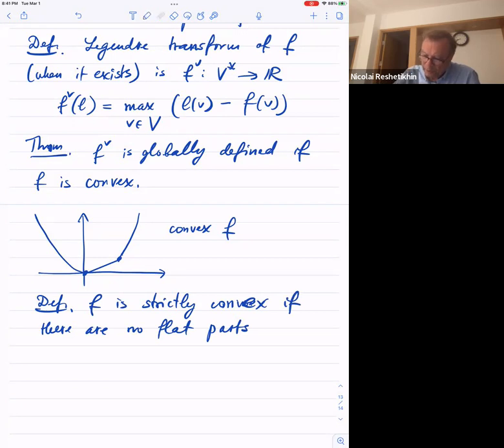So convexity means that, for a function, if you take a tangent line, then the function will be on one side of the tangent line for any tangent line.